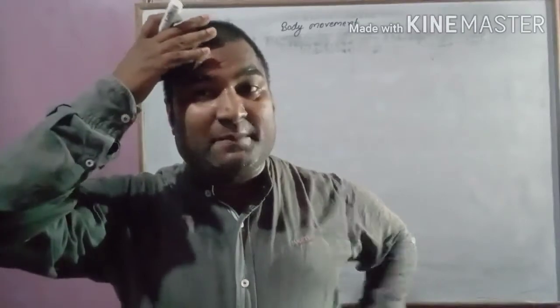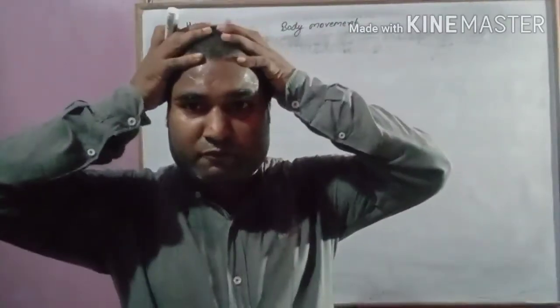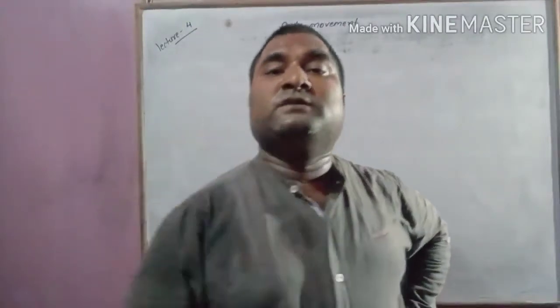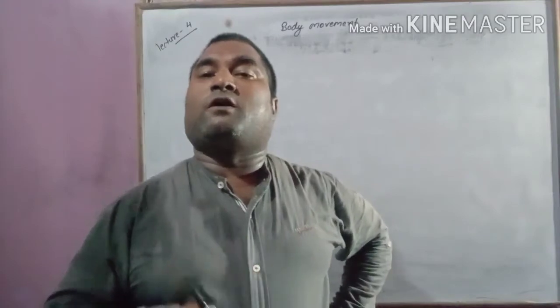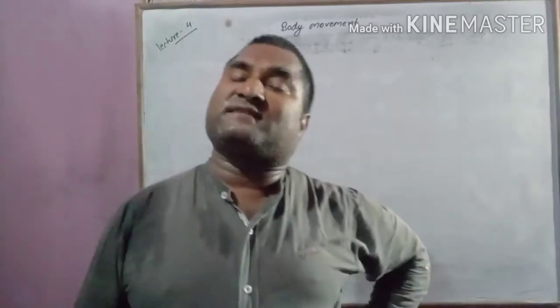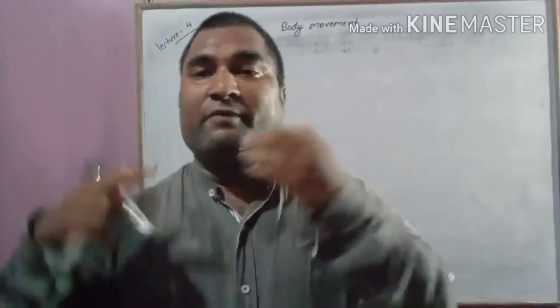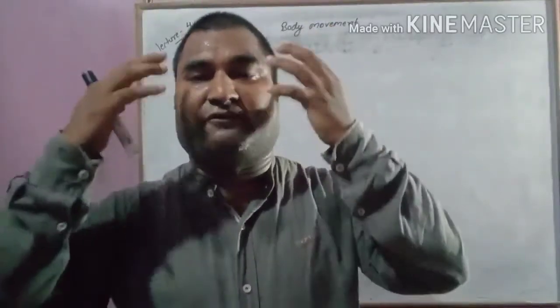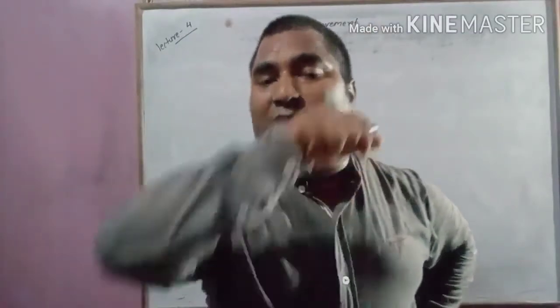These 8 bones are fixed in such a way that they do not allow movement. There is no movement in the head. It is found in the skull. As I have told you, only the lower jaw is movable, the remaining bones in the face or in the skull are immovable.